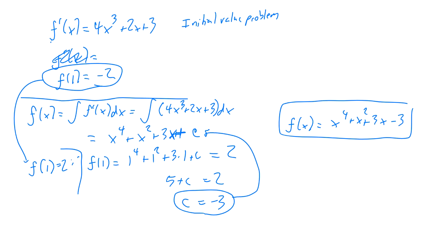Wait, where did you get the 2 from? I'm sorry, where did I get what? The equals 2 from? Oh, we were told that f of 1 equals 2. So I plugged 1 into this formula, and I set the result equal to 2. Does that make sense, or that's not making sense?